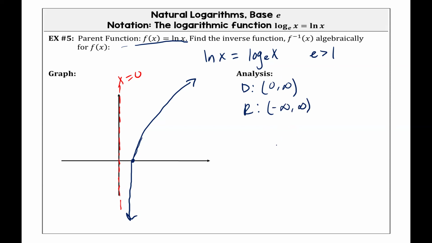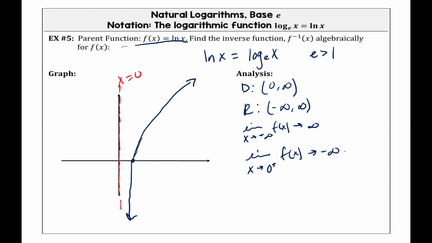What's next? Our limits. Our limit as x goes to positive infinity: as x goes to positive infinity, what is your y doing? Going to positive infinity. The limit as x goes to 0, because it can't go anywhere else, what is your y doing?